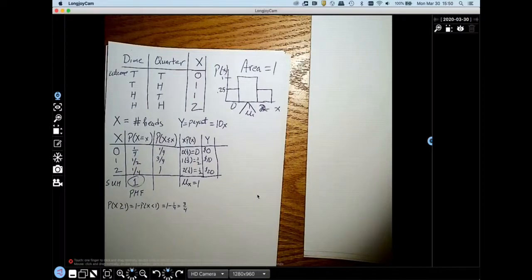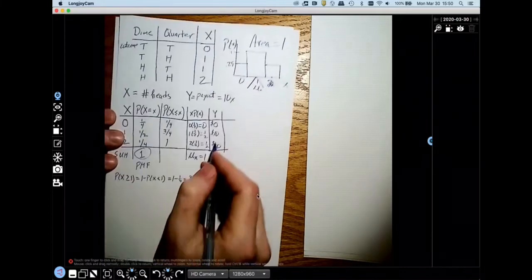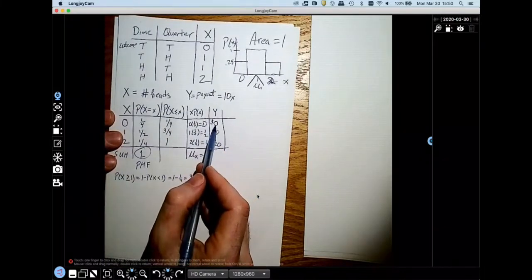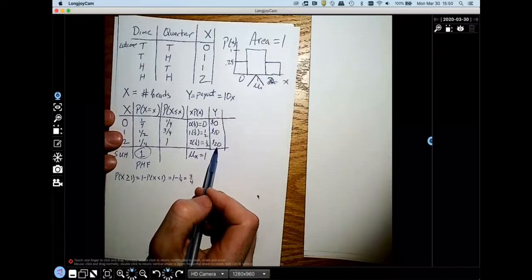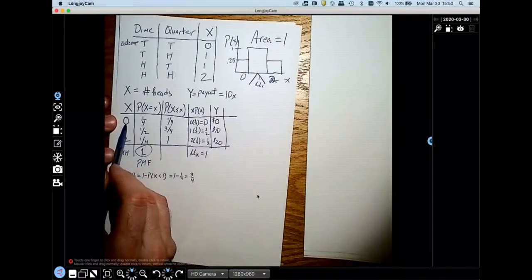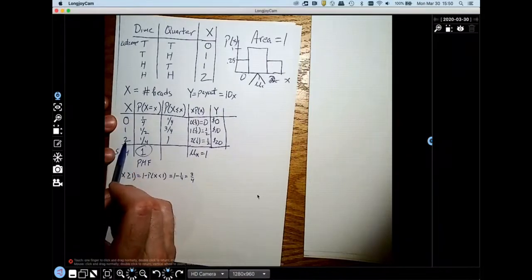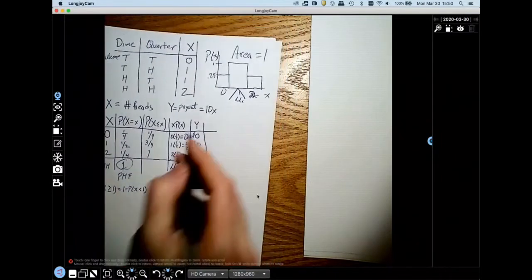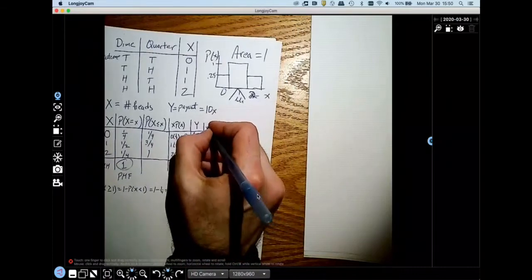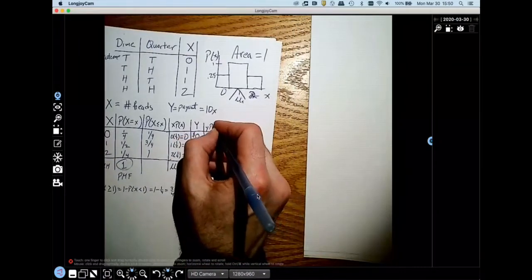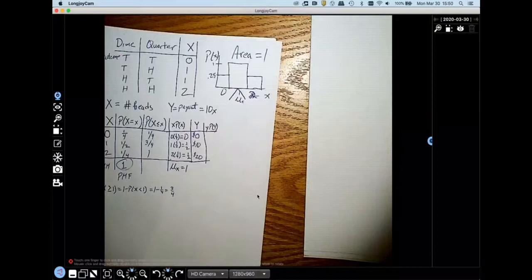One thing that's really important to notice is that the probabilities of 0, 10, and 20 are exactly the same probabilities as having 0, 1, or 2 heads. So the expected value of y is just y times the probability of y.